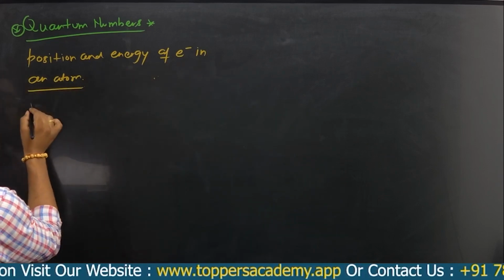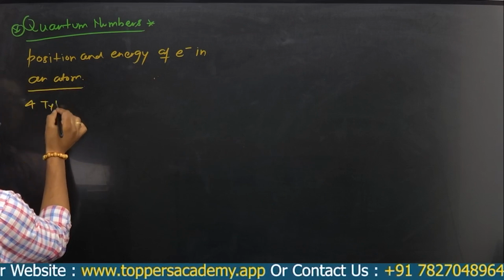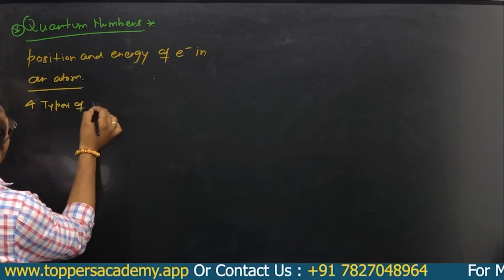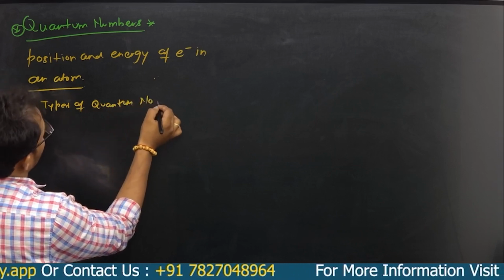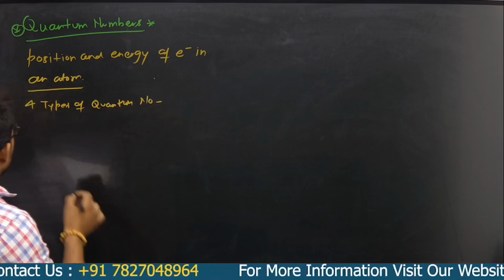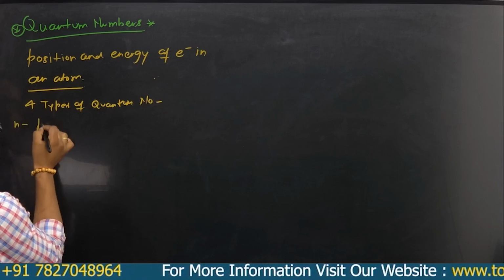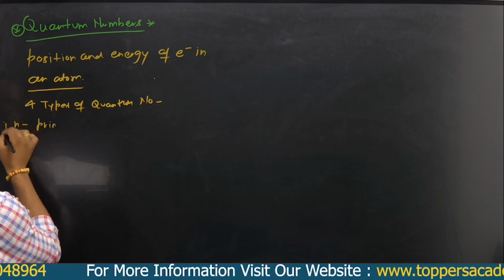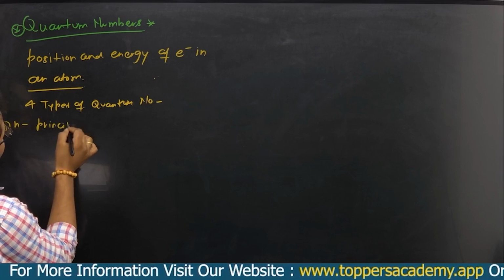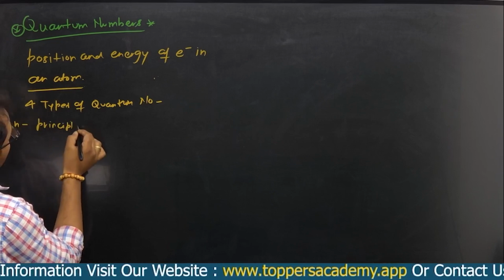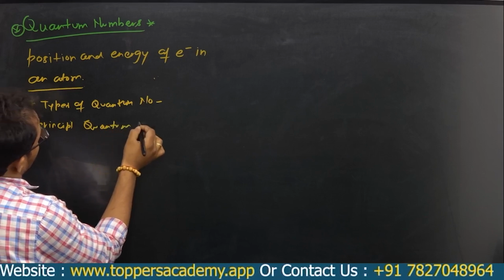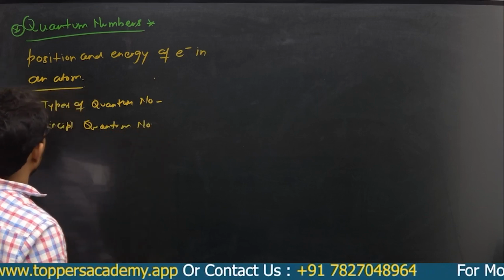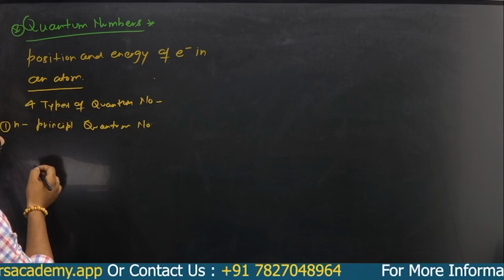There are 4 types of quantum numbers. One is n, the principal quantum number.